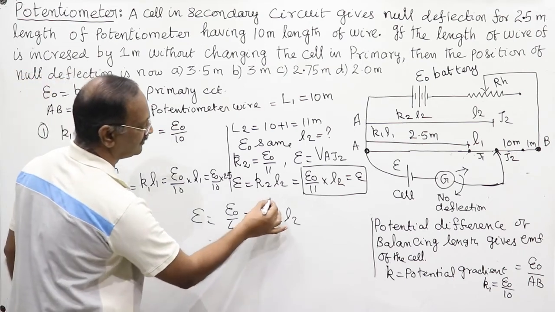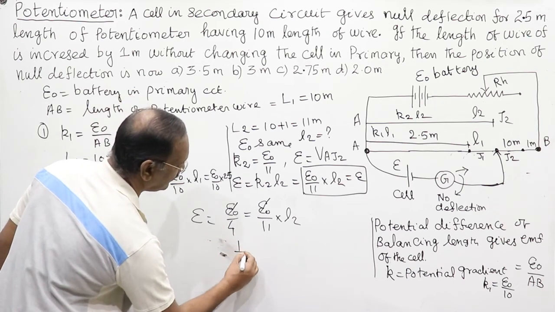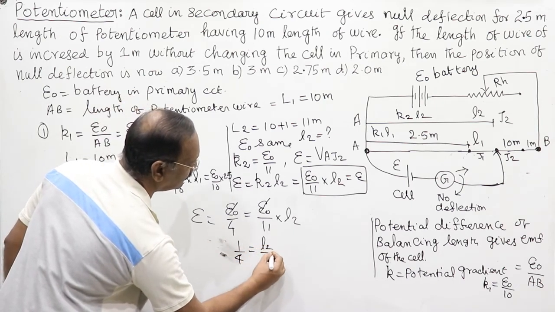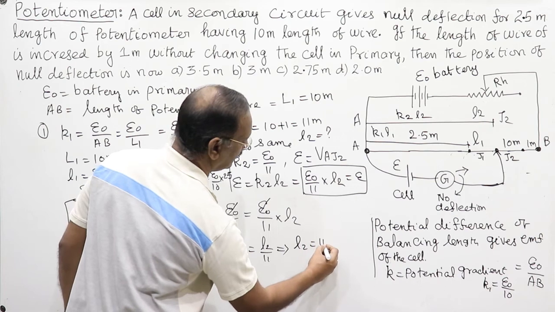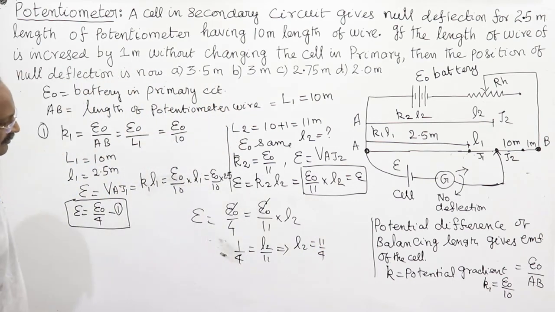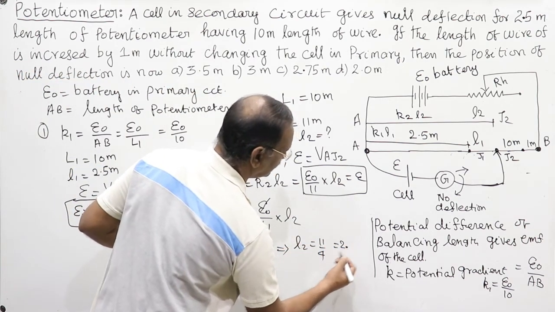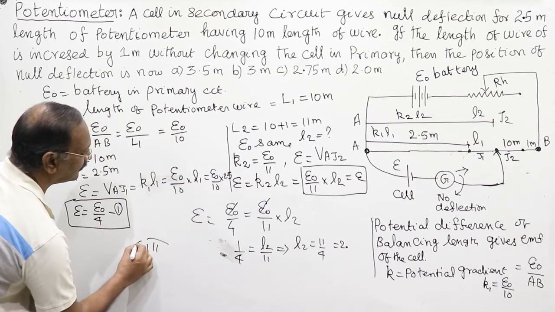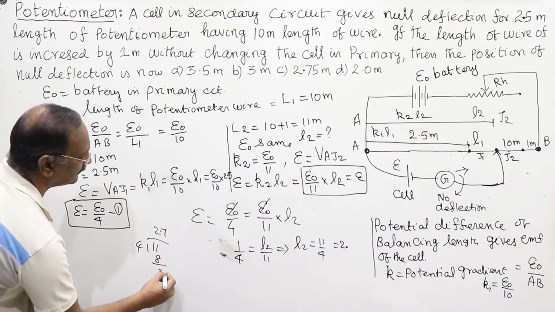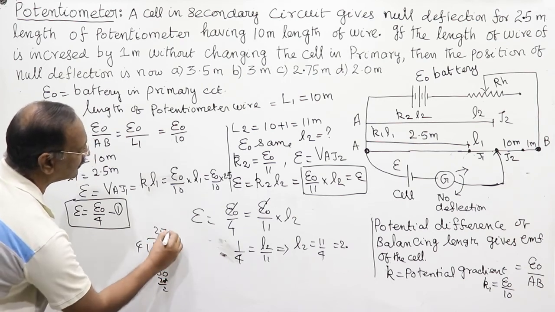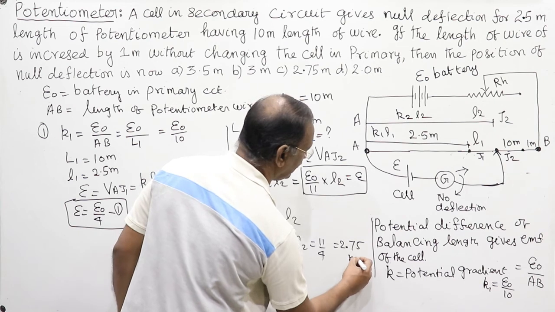Now we compare these, cancel epsilon naught, and 1 by 4 is equal to L2 by 11. That is, L2 is equal to 11 by 4. Dividing 11 by 4, it comes out to be 2.75. Since the length is given in meters, it will be in meters.